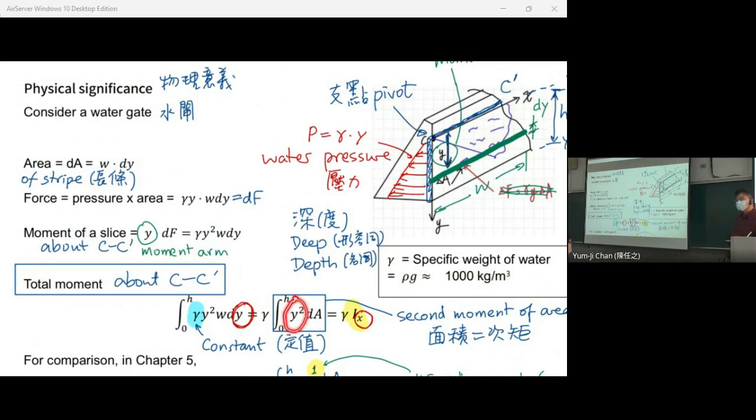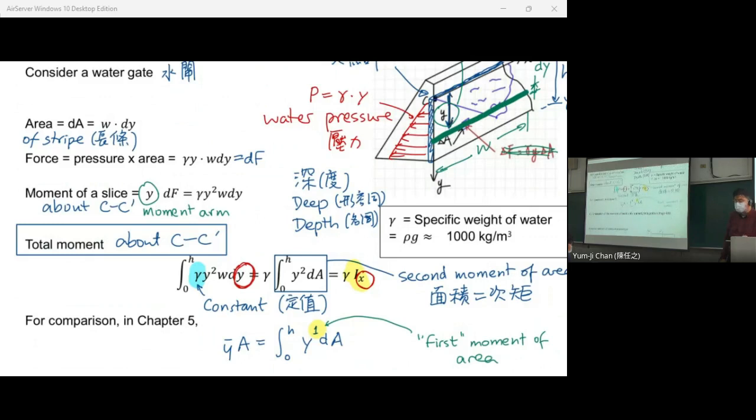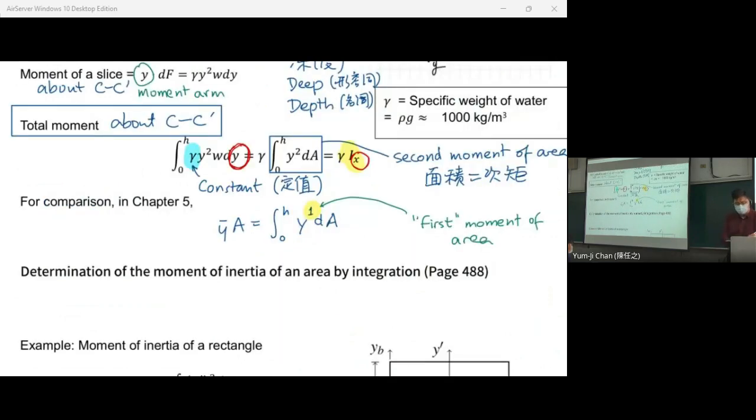So in all the problems in this chapter, remember, if we calculate Ix, we have the integration of y squared dA.